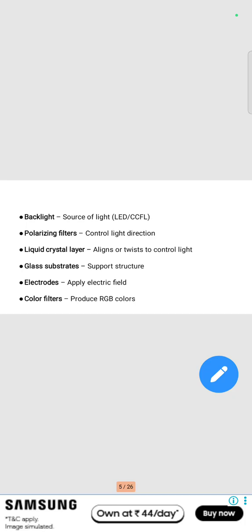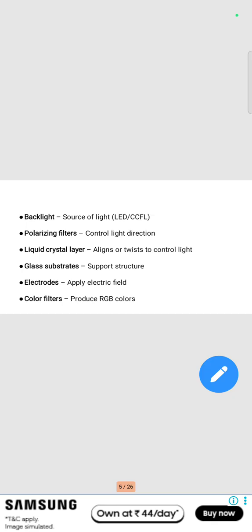So this polarizer is an optical filter that allows light waves vibrating in only one direction to pass through and blocks the others. Normal light vibrates in all directions. After the polarizer, it vibrates in only one direction. So the important thing is it controls the direction of light waves. Two polarizers are used: front polarizer and back polarizer.